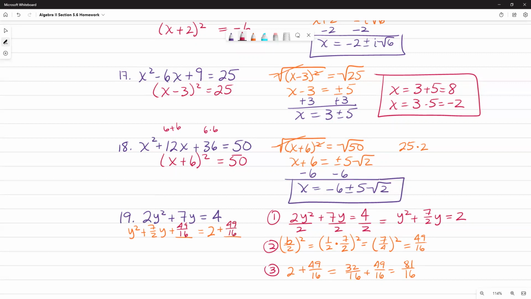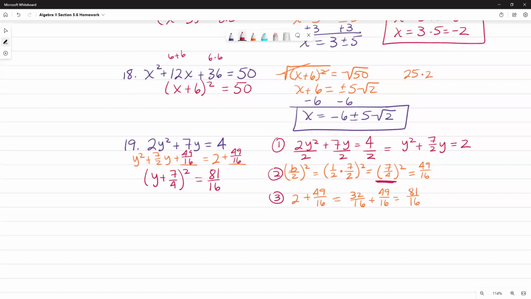All right, that was step 2. And then step 3 found the constant that goes in our equation. So when we write that, we have our perfect square binomial, or our squared binomial. So this is y plus 7 over 4, this guy right here, squared equals, and I just calculated the 81 over 16.